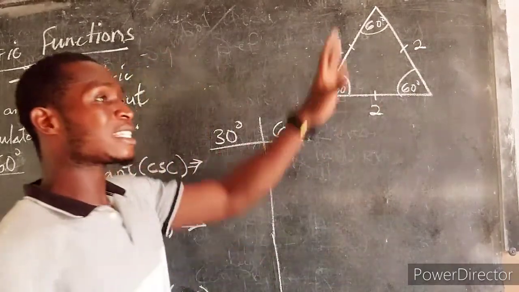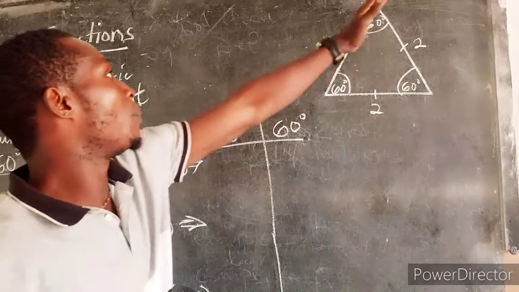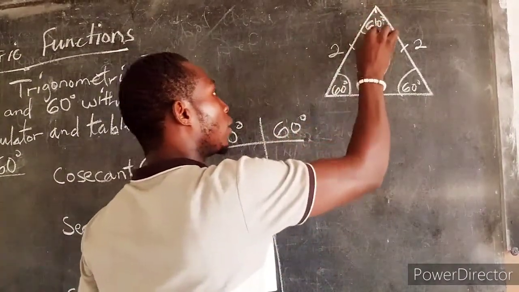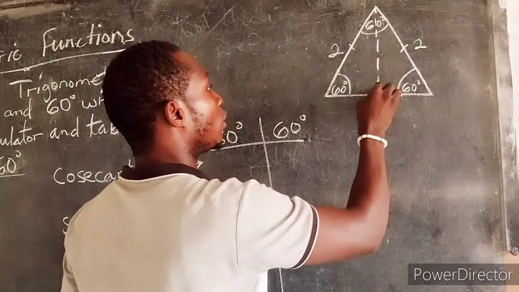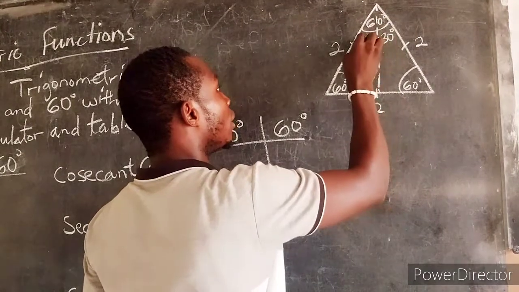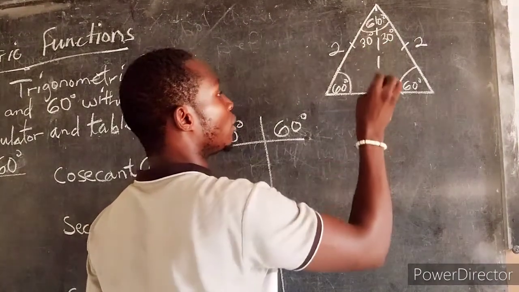If we bisect this triangle, that means we divide the triangle into 2. Bisect from here. It means here we have 30 degrees, and here we have another 30 degrees.